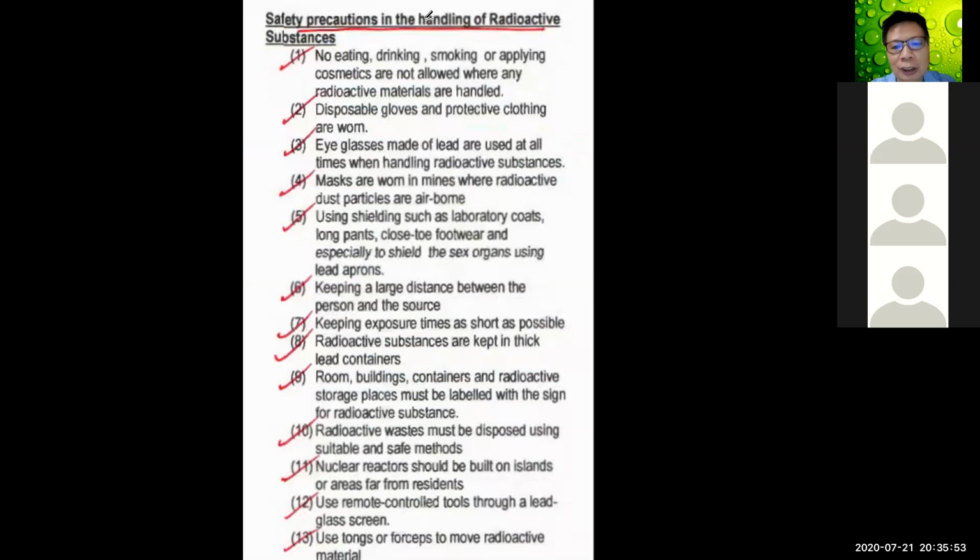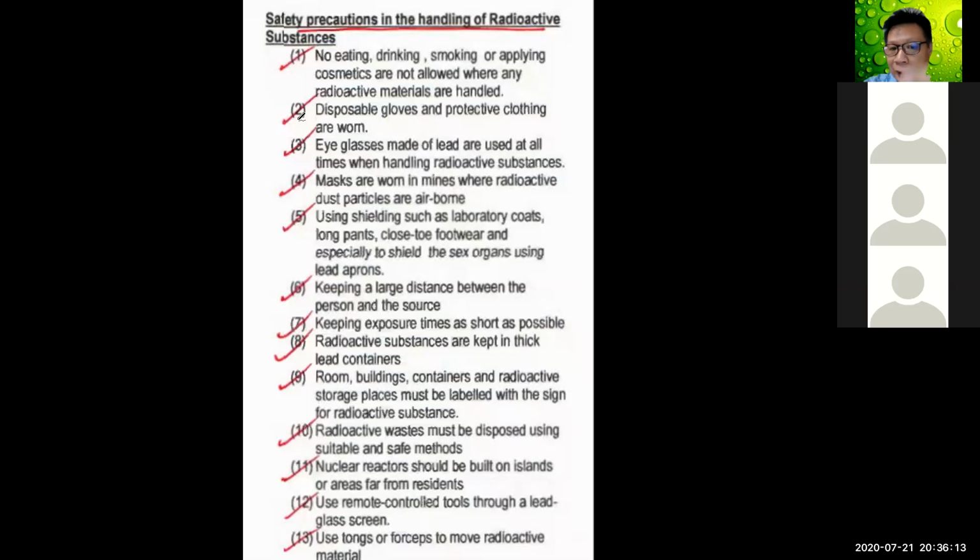So you have to take a lot of steps. For example, right now, COVID-19, there's an SOP, right? You have to take precaution. So when handling radiation, also the same. There are a lot of SOP you need to follow. So we go one by one.